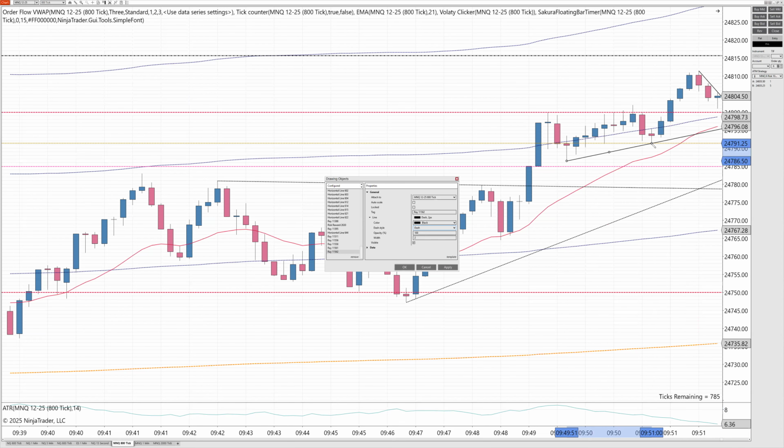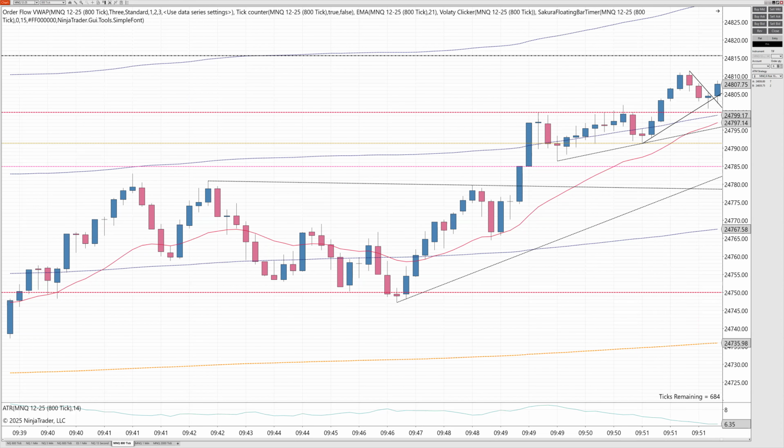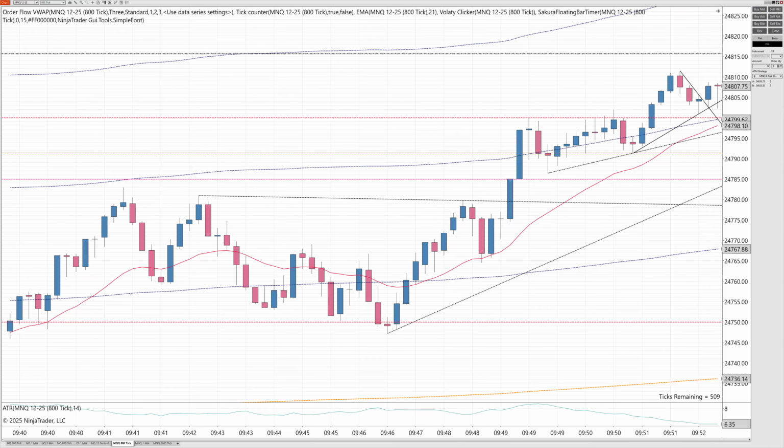And another trend line like that. And now we actually have a trigger to go and retest the all-time high. And it did not trigger. So we're going to have to pass on this one.